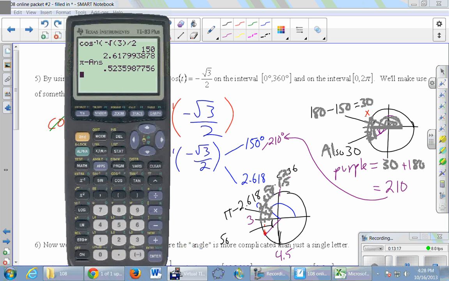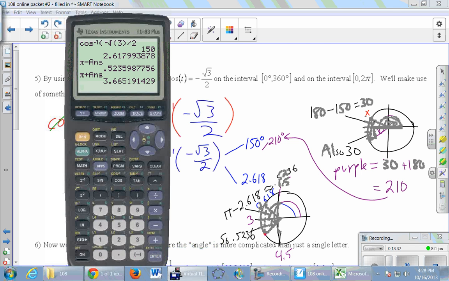So this is also 0.5236. And then to find the real purple angle, which is here down to here, we're going to add half a revolution, pi, plus the 0.5236. Pi plus the answer, 3.6652.